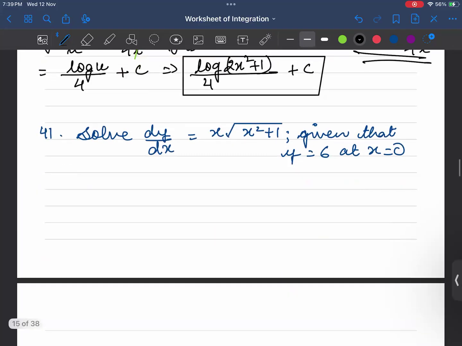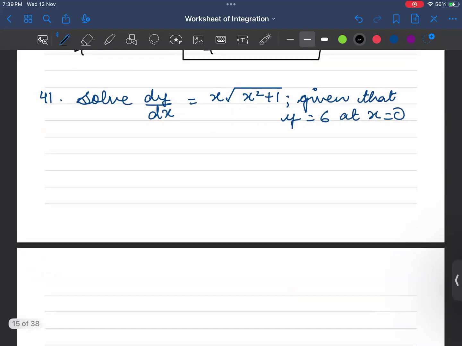Now, another simple question: solve dy upon dx equals x multiplied by under root of x square plus 1, given that y equals 6 at x equals 0. If something like this is given, it means they want me to calculate the value of c.